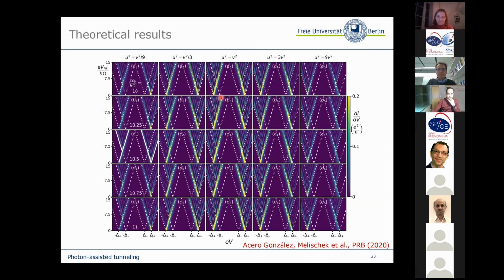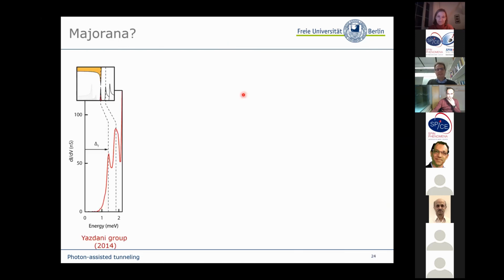Now, one interesting application of this would be to Majorana bound states. Majorana bound states have U equal to V, and ideally they should have an excitation energy, a subgap energy, equal to 0. So this is basically what you would expect up to some scaling factor of 2. This is interesting because if you probe Majoranas with a superconducting tip, then the Majorana peak actually appears not at 0, but at voltage equal to the superconducting tip gap.